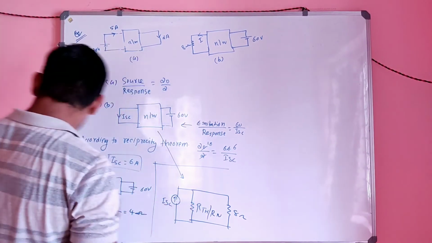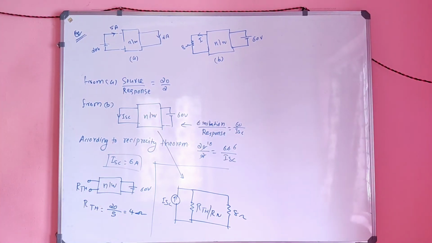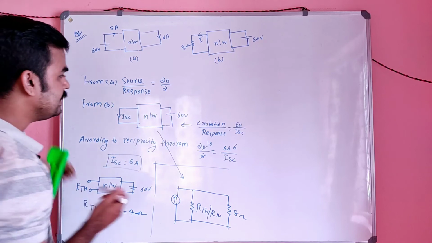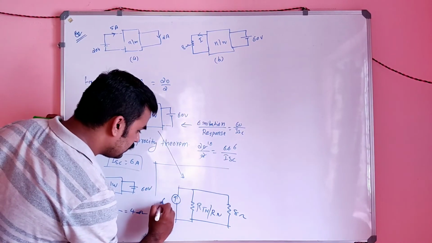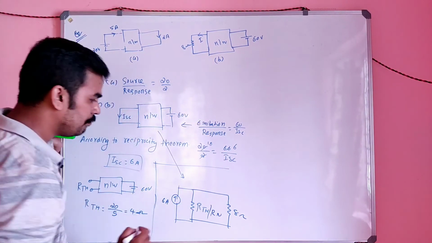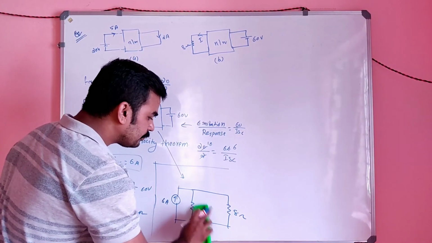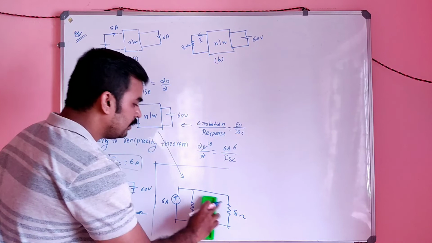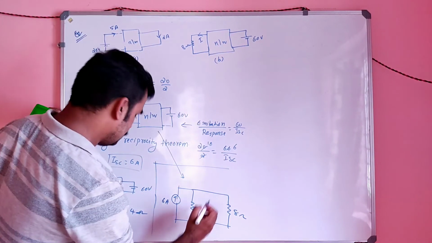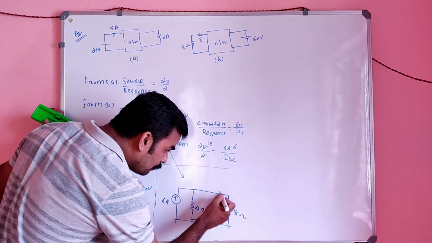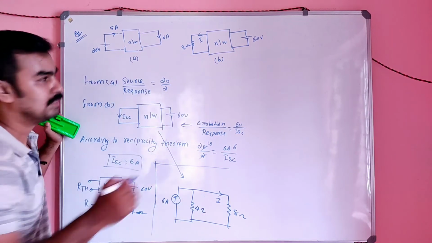That means what is ISC? 6 ampere. What is R Thevenin or Rn? It is 4 ohm, right? We have to find the current here, I. That is our aim.